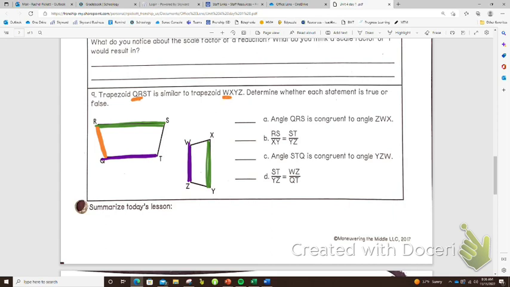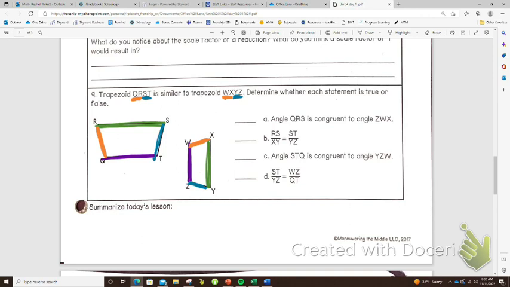We can also look at the first 2 letters of the next trapezoid name, which is WX. So those are going to both be green or orange. And then finally we will have ST, which are the last 2, and YZ are the last 2. So those 2 would go together to be corresponding.